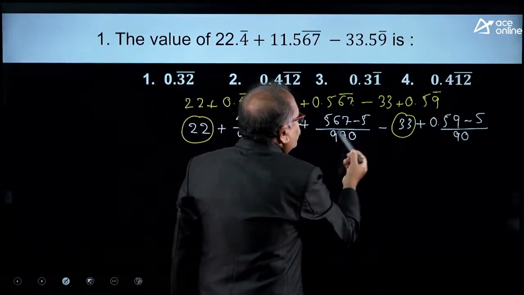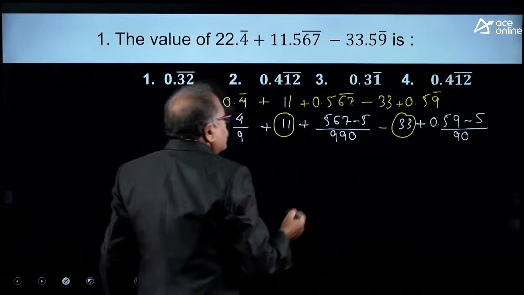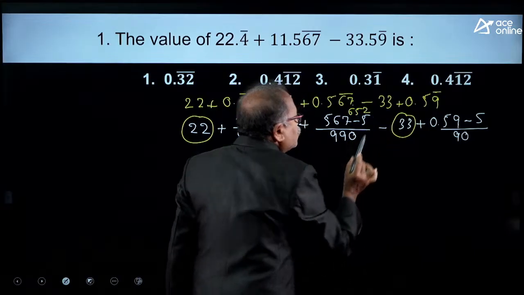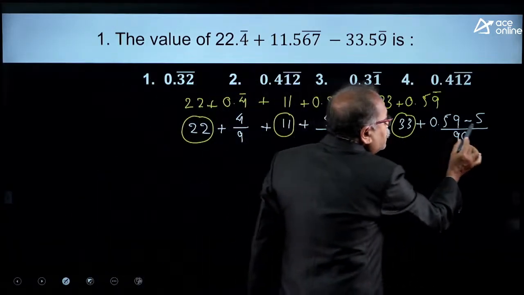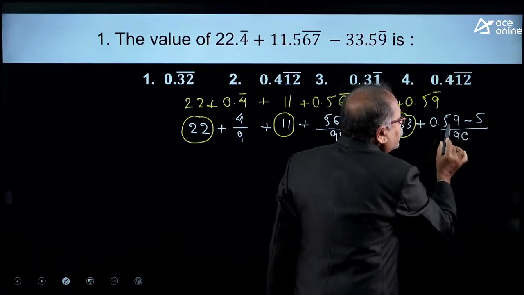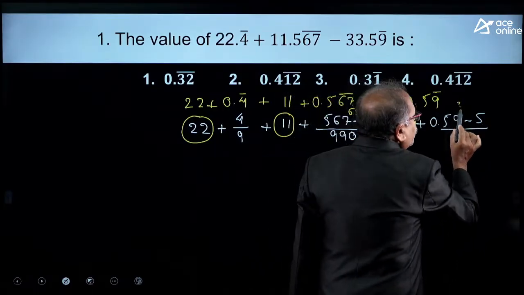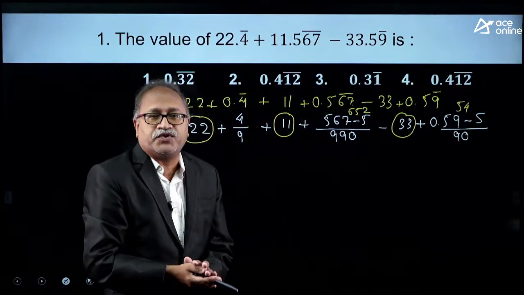If I go for minus 5, I am getting 562 over here. So instead of taking a separate line, I am writing this 562 by 990. And here if you take out the 9, 59 minus 5, this comes to 54. So instead of taking another line, I am writing 54 there.